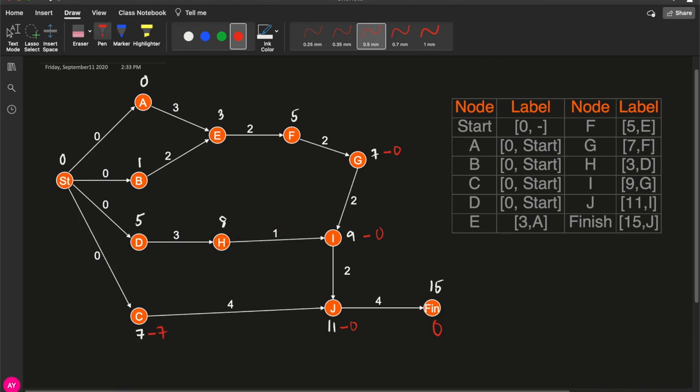H has a slack of 5. D has a slack of 5. F has a slack of 0. E has a slack of 0. A has a slack of 0. B has a slack of 1. And finally, start has a slack of 0.